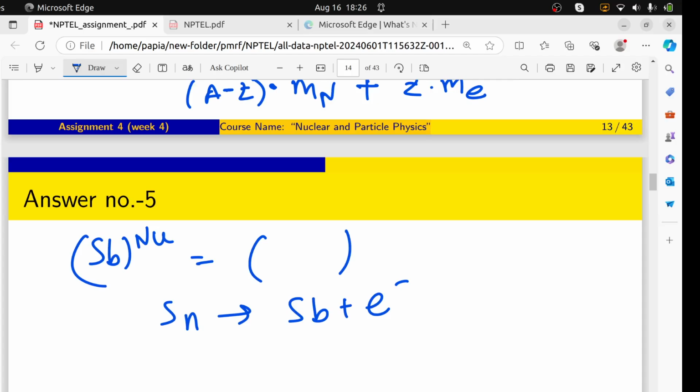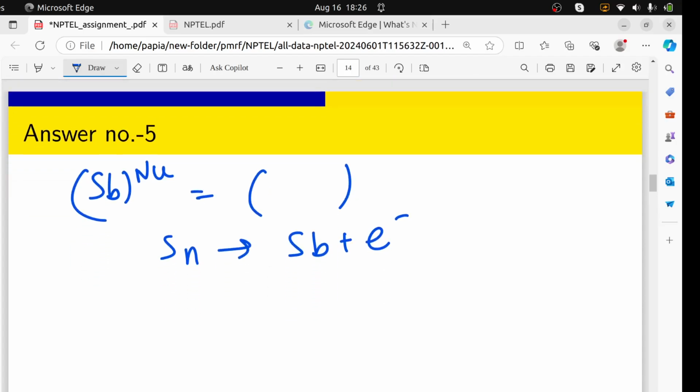It was the previous decay expression. I don't know the value of this, so what will it be? E minus is nothing but minus 1, 0. So if it is minus 1, 0, and Sn is X, then what will be the value of this one? Can anyone tell me?